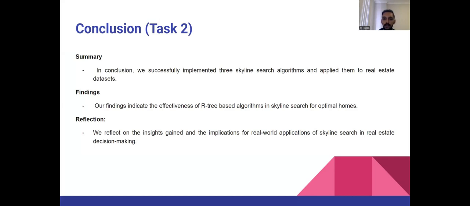These algorithms provide significant improvements and are well suited for applications in real estate decision making, where identifying optimal homes is crucial. Using skyline search is more important when working with larger data sets.